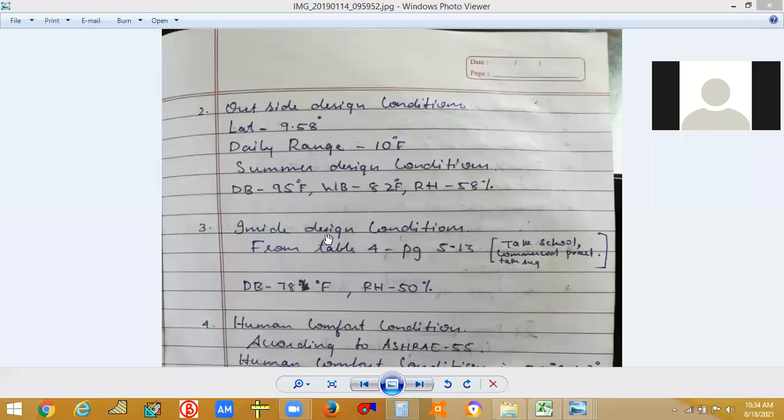According to the application we choose, the inside design condition changes. Here we have taken school as a commercial practice, and we have taken the average value, 78 degrees Fahrenheit, from table 4 of page number 5.13.